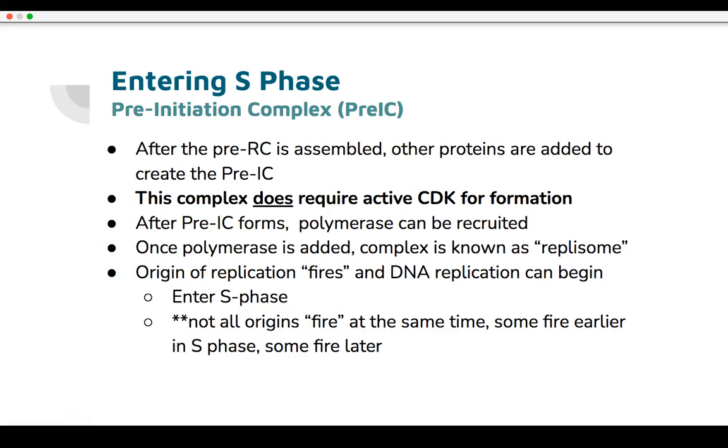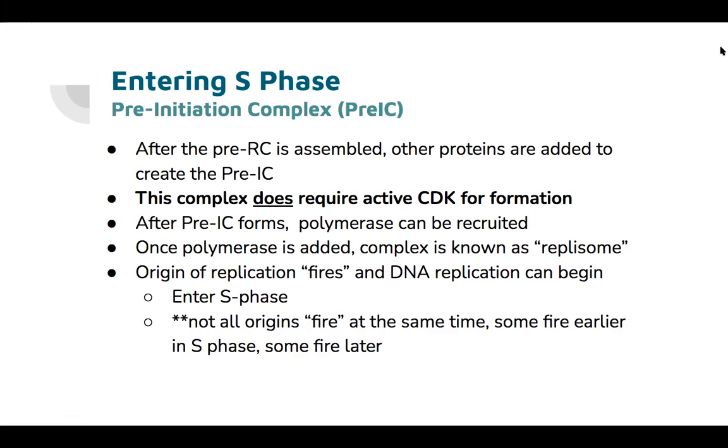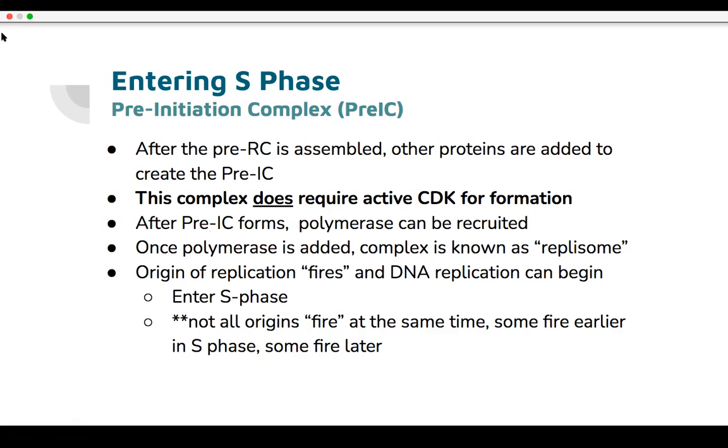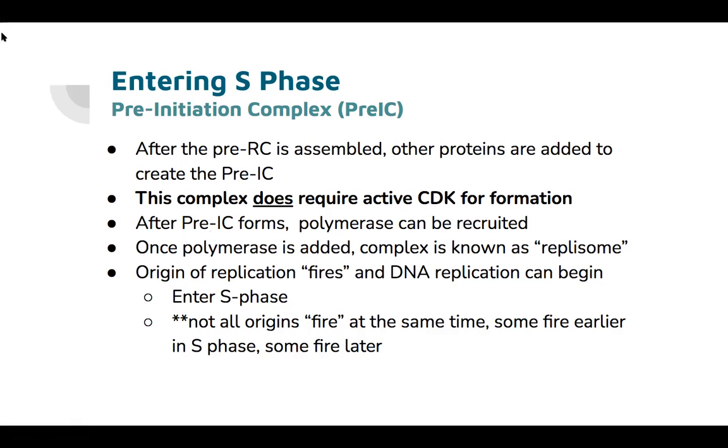So CDKs are required first for the formation of pre-RCs, but after they're created, these CDKs then actually inhibit the formation of new pre-RCs.